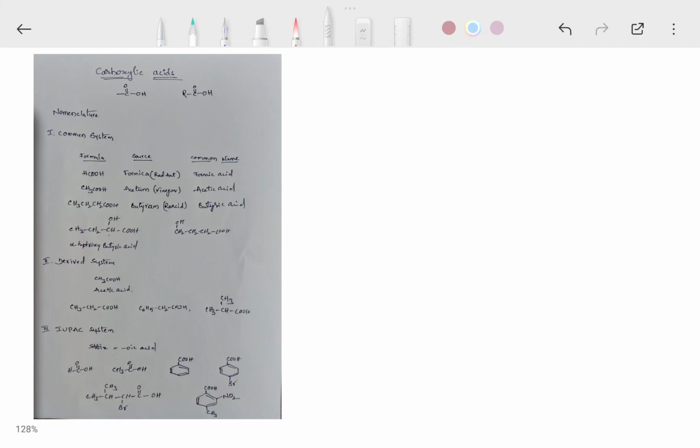Today we are going to discuss carboxylic acids. Organic compounds containing the C double bond OH functional group are called carboxylic acids.